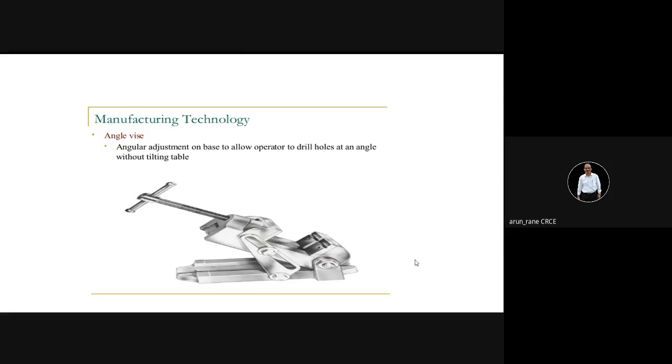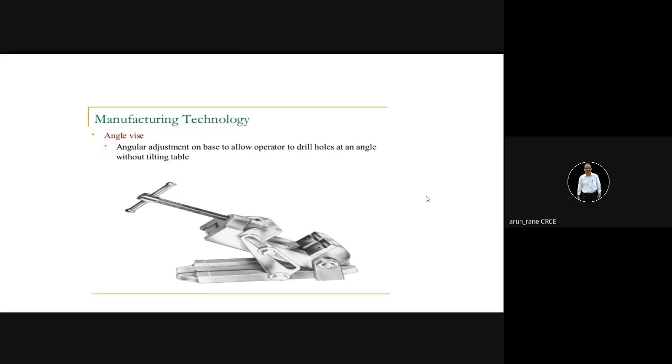Earlier was in the xy plane, and this can be rotated in the xz plane. See, there are three planes, xy, xz and yz. Here it can be xz, and the universal vise can be tilted in any direction, so in yz. Suppose again if you want to drill a hole in this plane, that is also possible with the help of this vise.